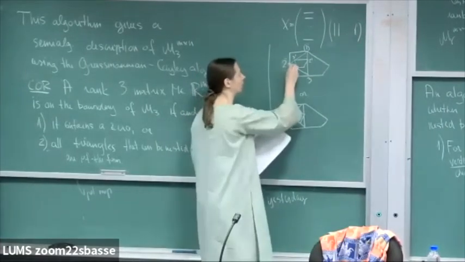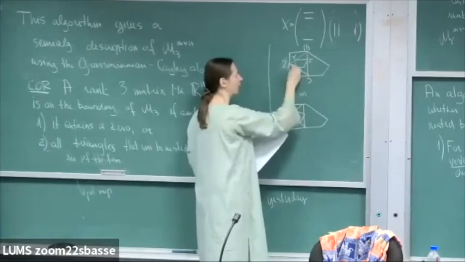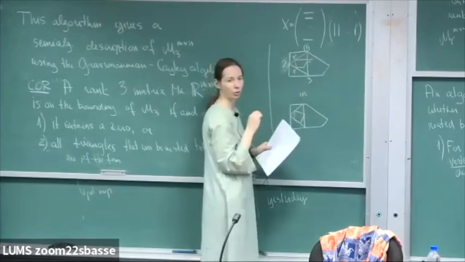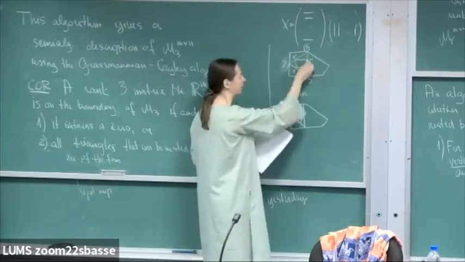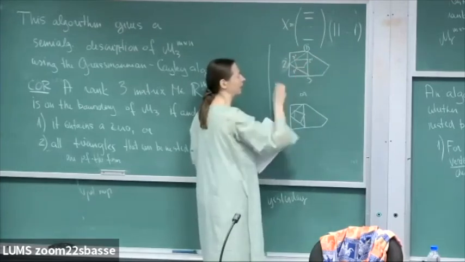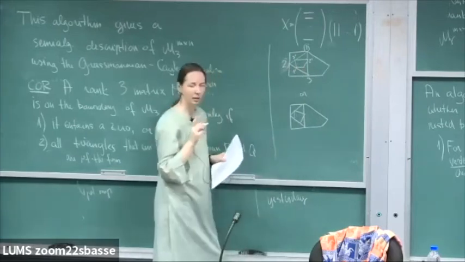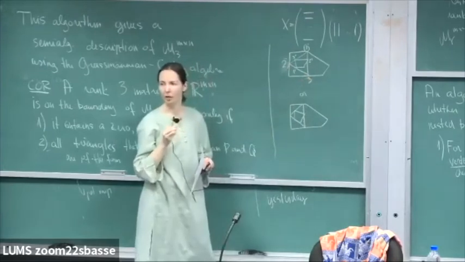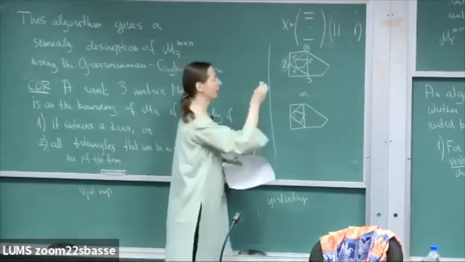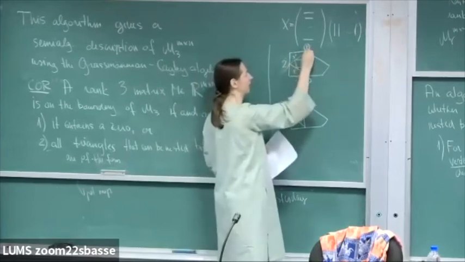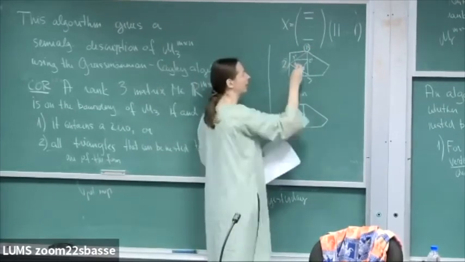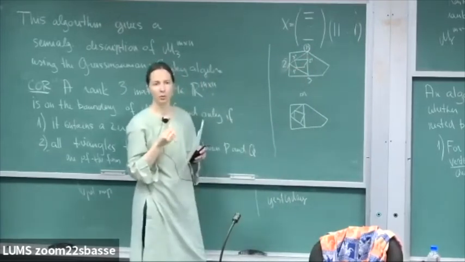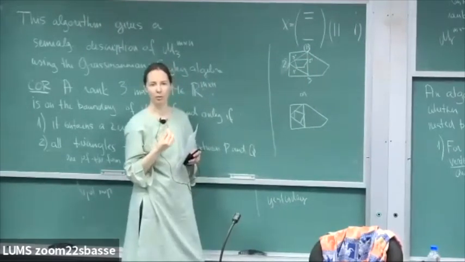If you look at the triangle, all its vertices have to be on the boundary of Q, and every edge of the triangle needs to contain a vertex of the inner polytope P. Moreover, I have circled this number 1 here: one vertex of the triangle needs to coincide with a vertex of the outer polygon.